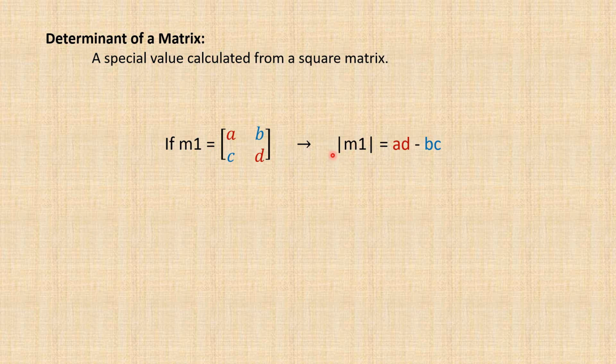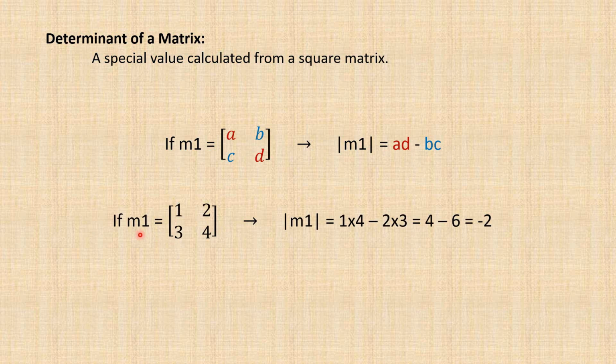Then the determinant of that matrix M1 can be calculated as AD minus BC. Now let us consider M1 is having the 4 elements 1, 2, 3, 4. Then the determinant of the matrix M1 can be computed as 1 into 4 minus 2 into 3. Then we got 4 minus 6, which is nothing but minus 2.